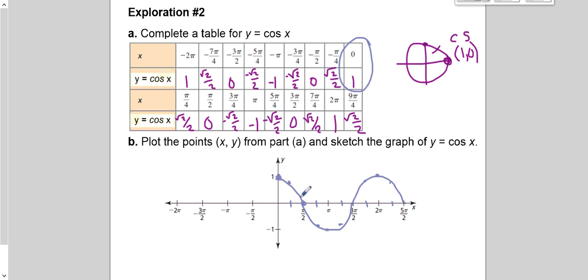All right, if we do the ones going backwards. And there's our cosine graph.